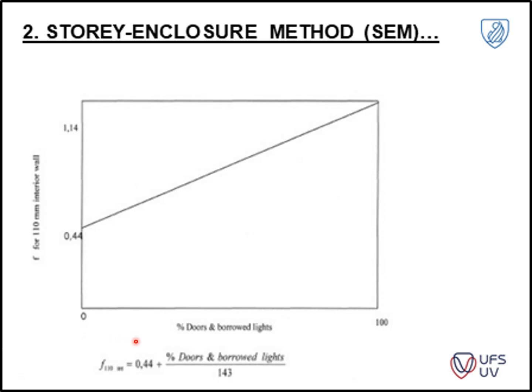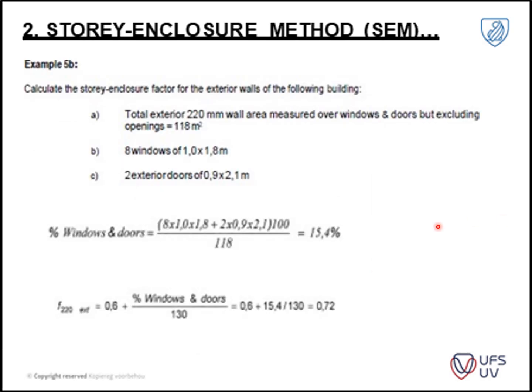And then for your interior walls, you usually have a 0.44 plus the percentage doors and borrowed lights divided by 143. Okay, so it's 3 factors that we can actually improve that we're going to look at in this module. So it's your surface bed factor, your 220mm wall factor, and your interior wall factor as well.